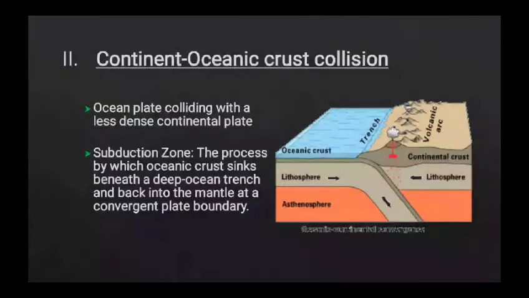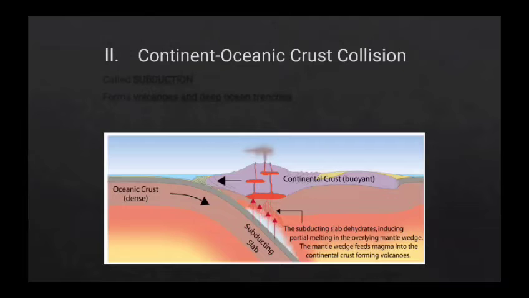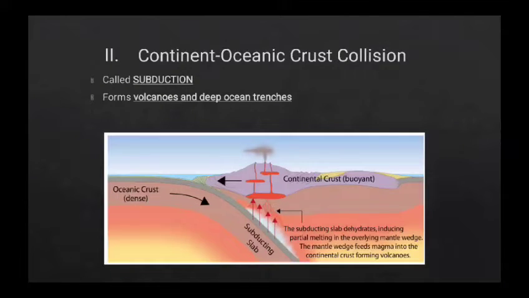So, kapag yung continent nagko-collide siya sa oceanic crust, it forms a trench. Cold subduction forms volcanoes and deep ocean trenches. So, ito na nakikita nyo sa picture, in-illustrate dito, kapag yung continental crust nagkukulay sa oceanic crust, nagpo-form siya ng volcanoes or yung deep ocean trenches.